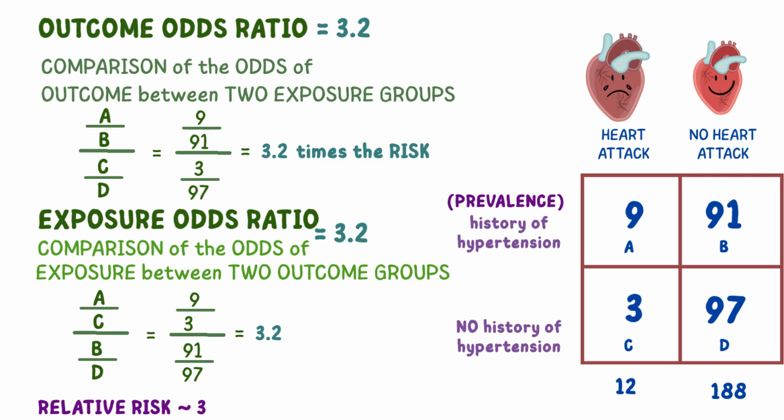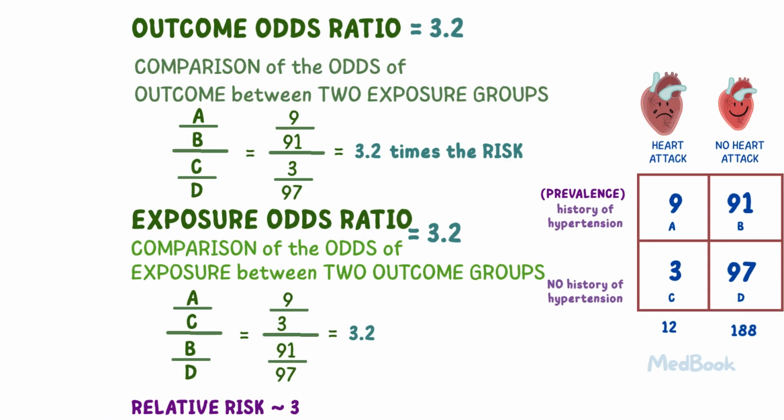To see why that makes sense, we can use the cross product ratio of a 2x2 table, so A times D divided by B times C. This works because there's a rule for dividing fractions that says that one fraction divided by a second fraction is the same as one fraction times the reciprocal of the second fraction.